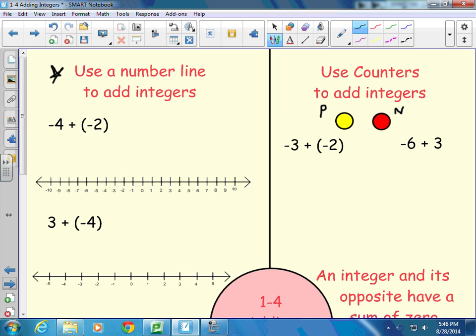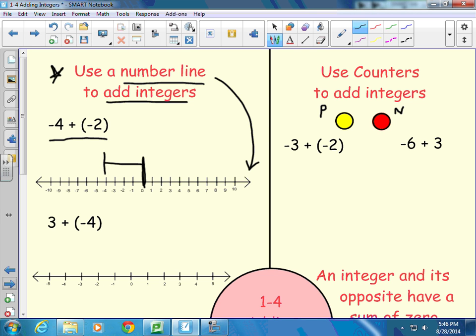So we're going to look at using a number line to be able to add integers. We know this right here is a number line, and we can do our coordinates of what our numbers mean. So to do a number line to add -4 plus -2, what you do is kind of start at 0, and you see, what does -4 represent? Well, I know my negative numbers are to the left of the number line, so -4 is 4 units to the left, so 1, 2, 3, 4.